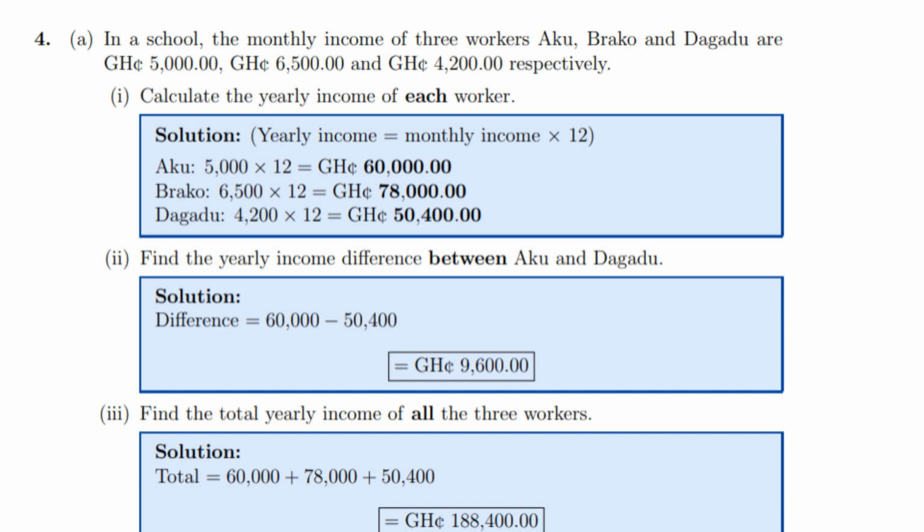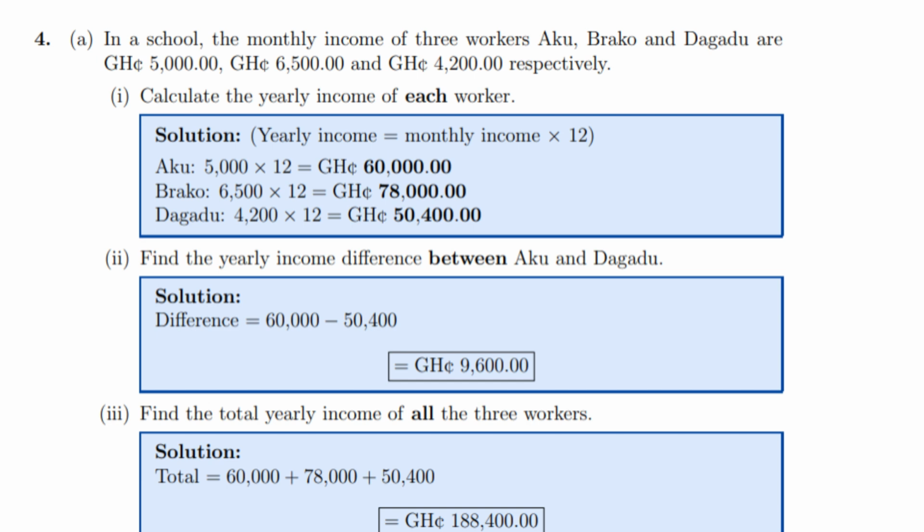So let's take question 4 answers. For each of the workers, we just have to multiply their salary by 12, because you have 12 months in a year. Then also find the yearly income difference between Aku and Dagadu.